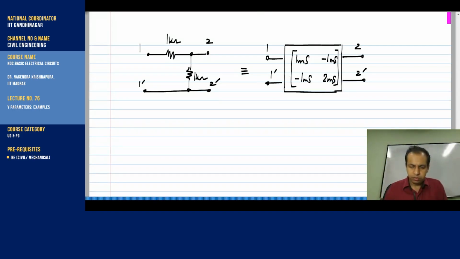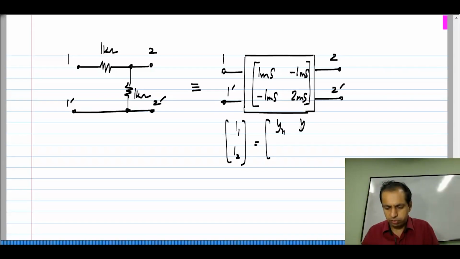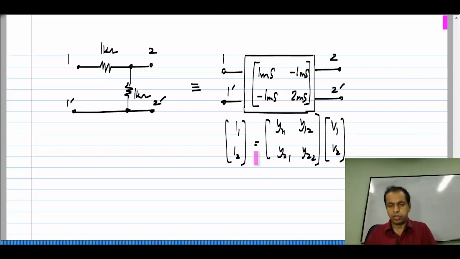So, what can be done is, instead of analyzing this circuit, you can take this 2 port and the equations corresponding to that, which is basically I1, I2 being Y11, Y12, Y21, Y22 times V1, V2 and use that instead.